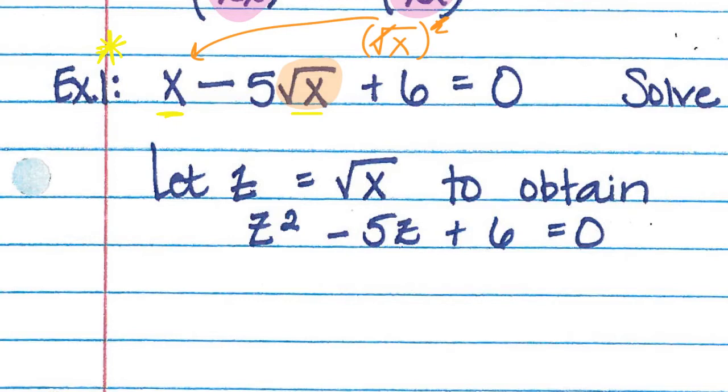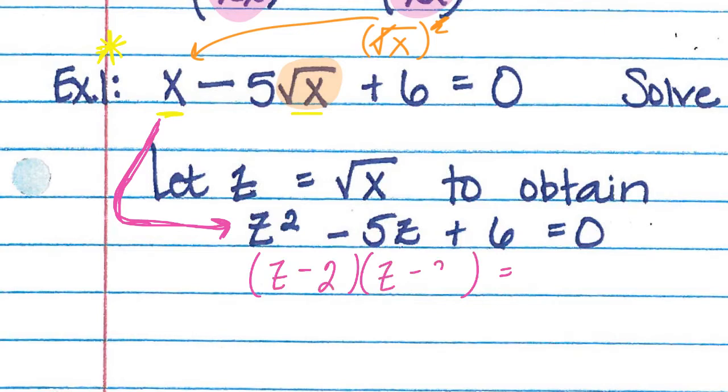So I know that this is now going to become z squared minus 5z plus 6. So the factors of 6 that add up to be negative 5 are a negative 2 and a negative 3, because they have to add up to be negative 5 and multiply to be positive 6.